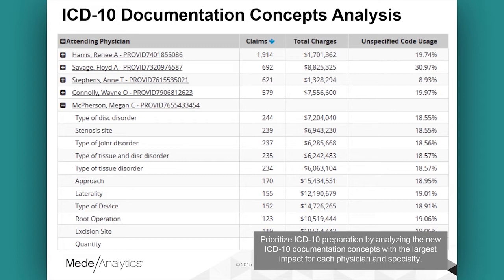And specifically, for each physician, I can expand it and see what the top documentation concepts are based on my claim activity over the past year or two. What are the top documentation concepts that I need to focus on, high priority under ICD-10? They're going to have the biggest reimbursement impact and the most new documentation concepts. So you can see things like type of disc disorder, stenosis site, type of joint disorder.